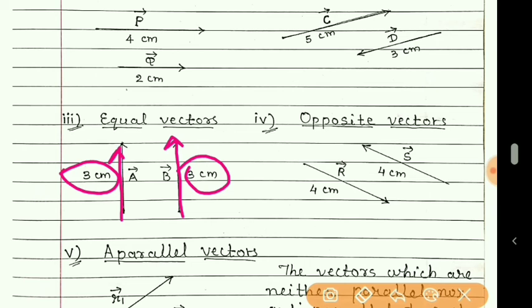Here you can see that both these vectors A and B, their direction is same, they are vertical, as well as the magnitude of A and B are 3 centimeter, means they are of equal length also. So these are equal vectors.